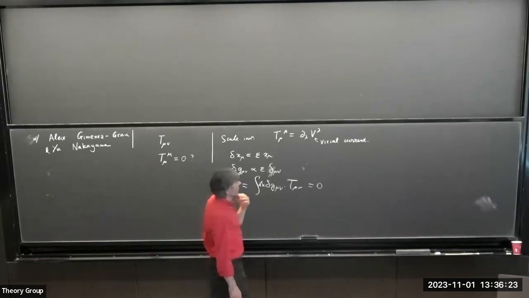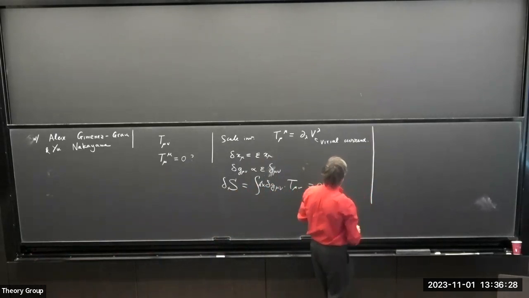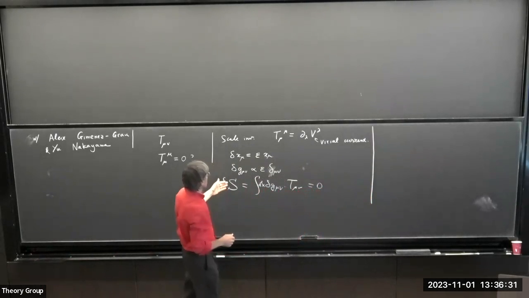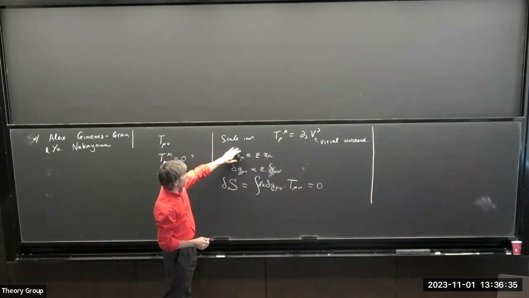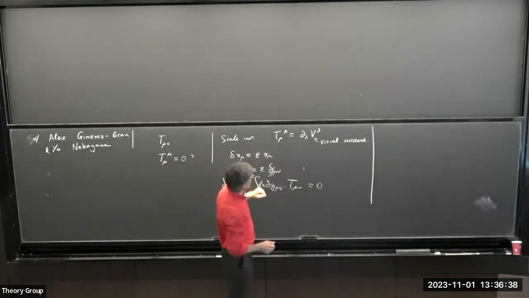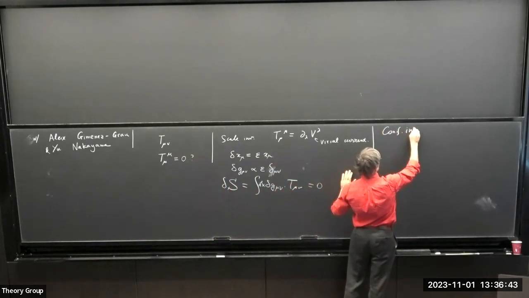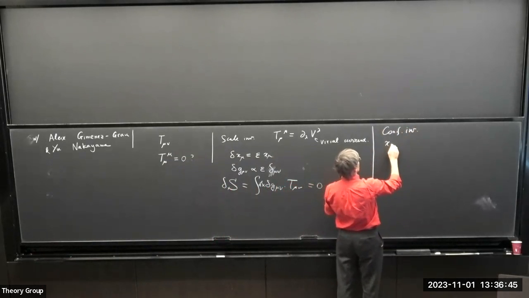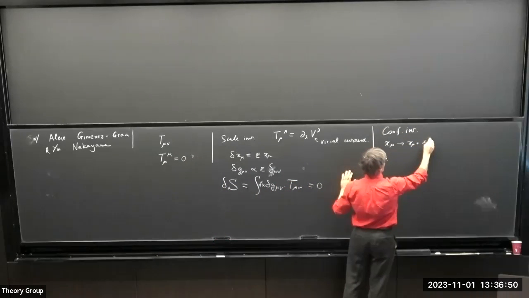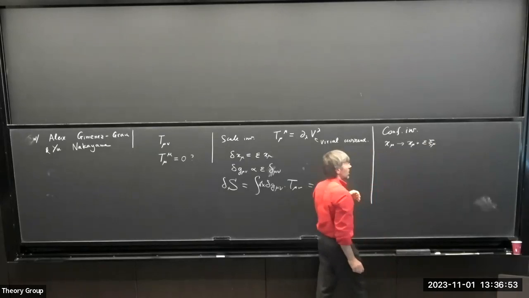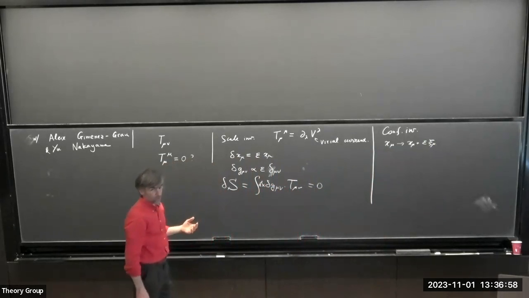Now, what about conformal invariance? For conformal invariance, you have to consider transformations of space-time coordinates which are not just rescalings. You are supposed to consider transformations of the form x mu goes into x mu plus epsilon c mu, where c mu is one of the conformal vector fields.